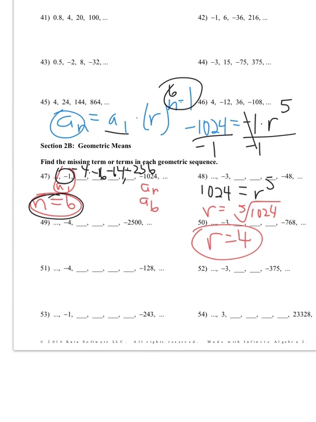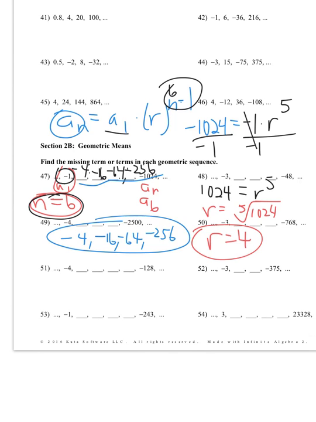So I'm going to go ahead and write these down below. So my answer for my geometric means for this problem is these 4, but I'll just write it a little bit neater here. Negative 4, negative 16, negative 64, and negative 256.